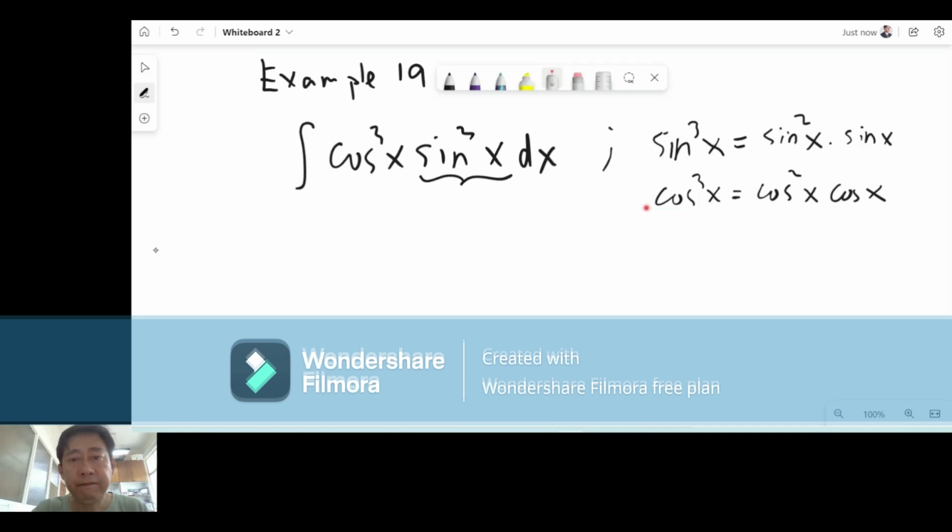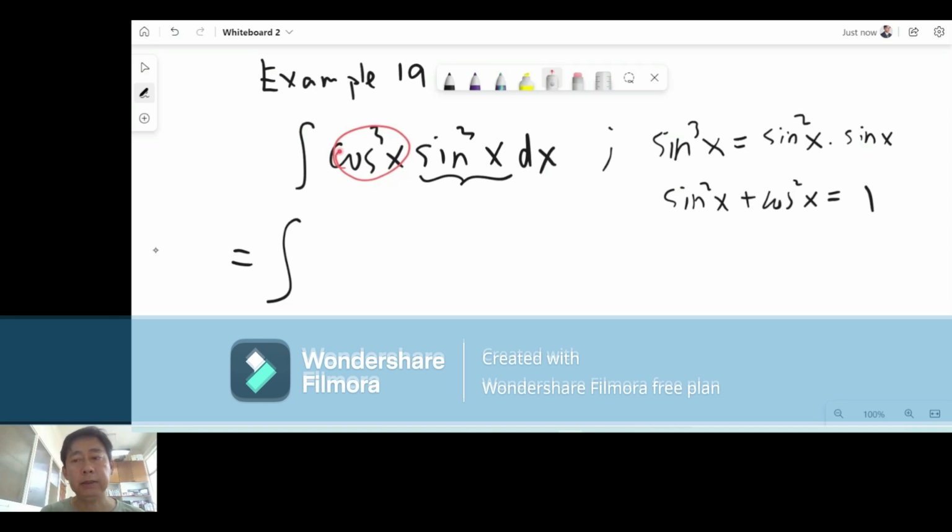So to be specific in this example, let us proceed by choosing the decomposition of sine cube into sine square and sine. Similar to examples 18 and 17, we would need the identity that relates cos square x and sine square x. We would choose u to represent the cos term.